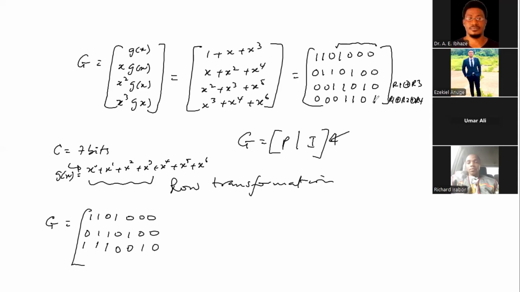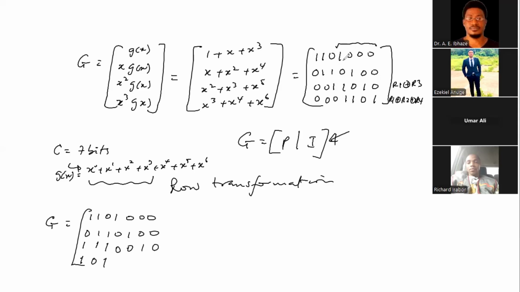And then for the last, we add rows 1, 2, 4. 1 plus 0 is 1, plus 0, 1. 1 plus 1, 0, plus 0, 0. Then 1 plus 0 plus 1, 0. 0 plus 1, 1, plus 0, 1.